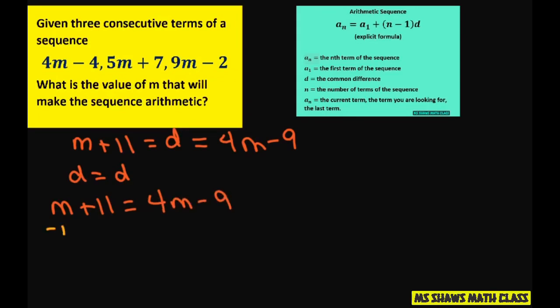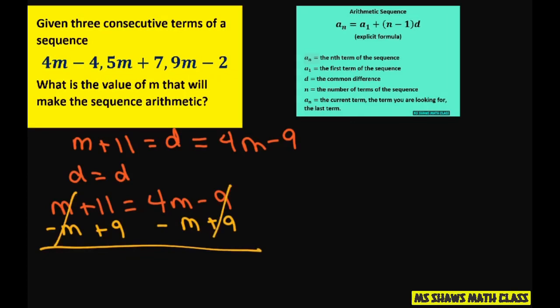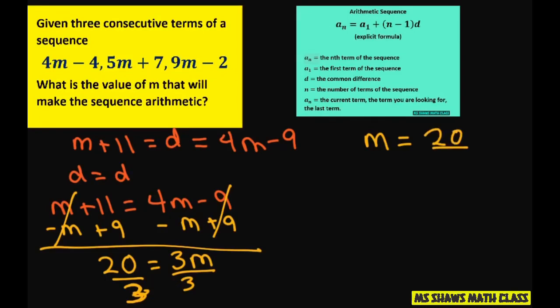I'm going to subtract m from both sides and add 9 to both sides. That gets rid of those two, and we get 20 equals 3m. Divide both sides by 3, so m equals 20 divided by 3.